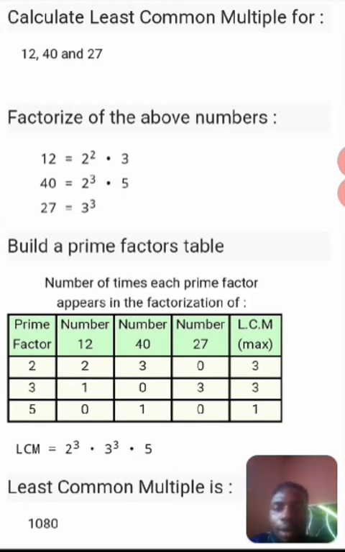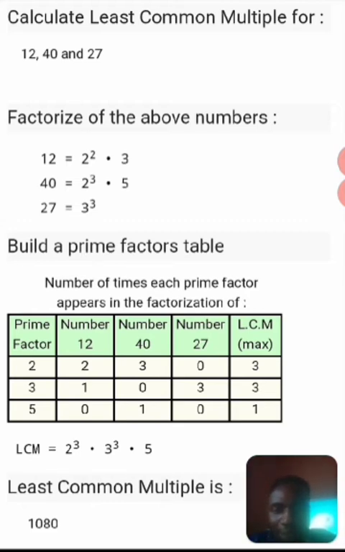Now the prime factors of 12 are 2 raised to the power 2 and 3, which is 2 times 2, 4, 4 times 3, 12. And that of 40 is 2 raised to the power 3 times 5, and 27 is 3 raised to the power 3. Now when you take a close look at this, you see that 40 has the highest power of 2. The powers of 2 in 40 and 12 are not the same.